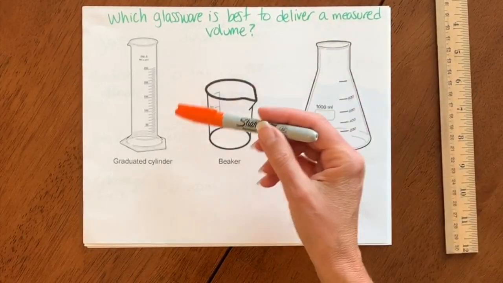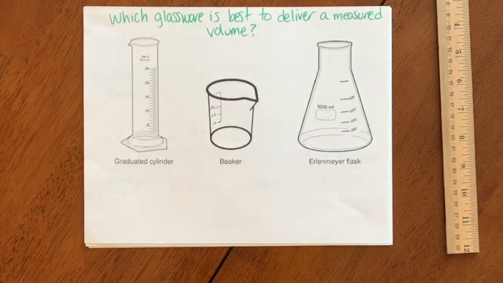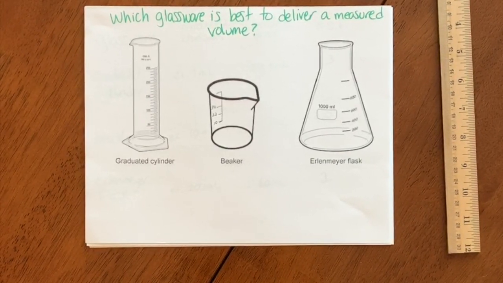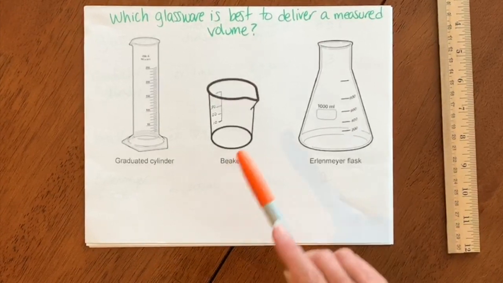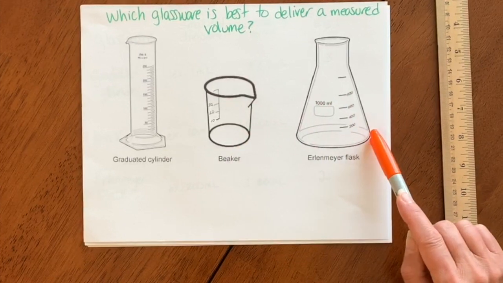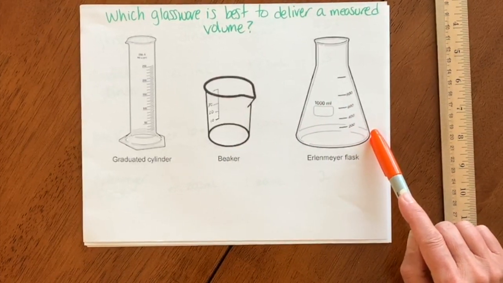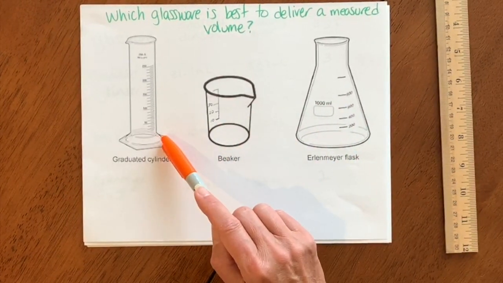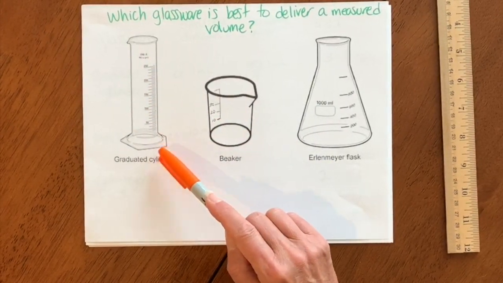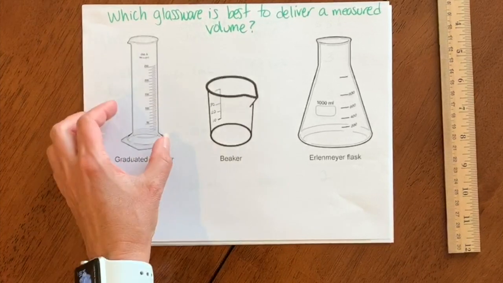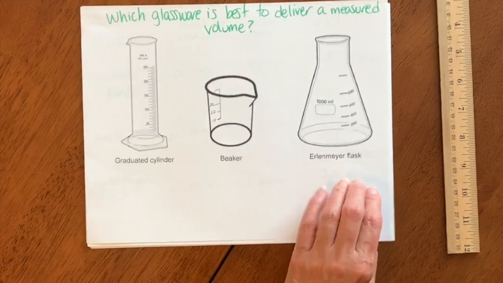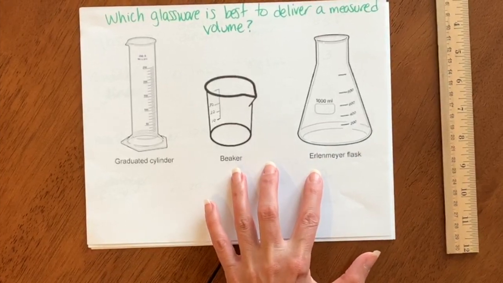And this would be good if I asked you in the lab to get me 55 milliliters of water. I would never want you to measure it from a beaker, and I would never want you to measure it from an Erlenmeyer flask. I would want you to measure 55 milliliters of water with a graduated cylinder, and then if needed, you could pour that liquid into a beaker or Erlenmeyer flask for storing liquids.